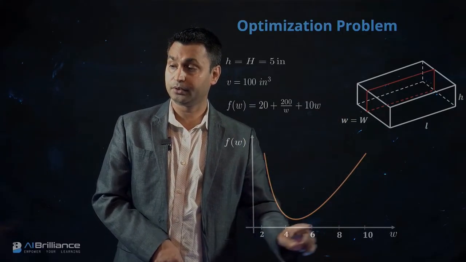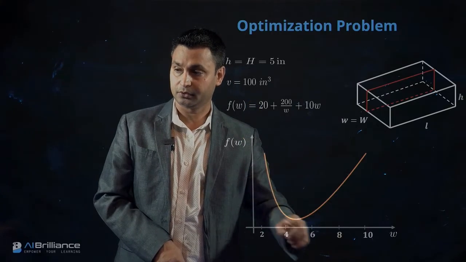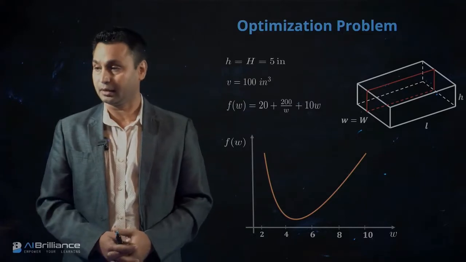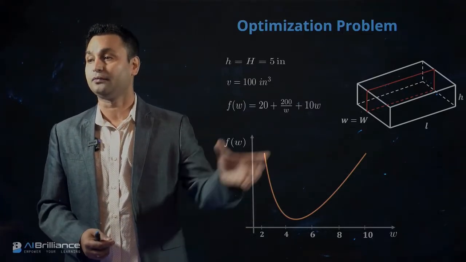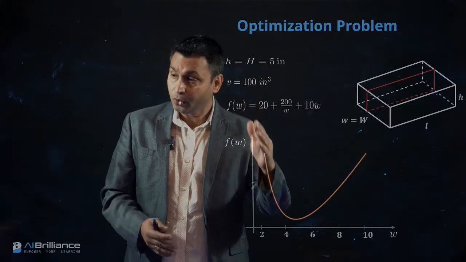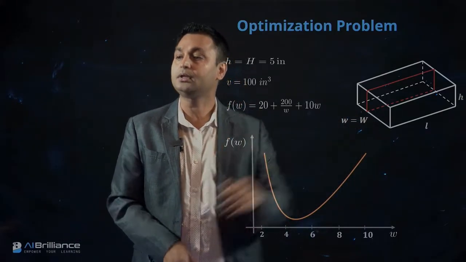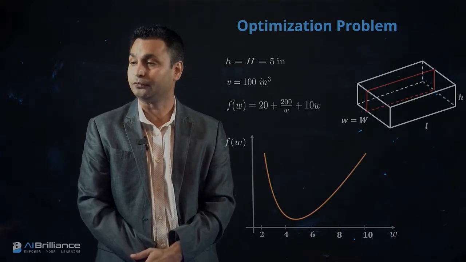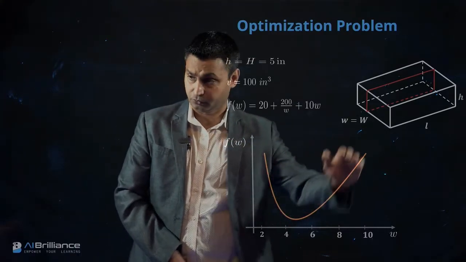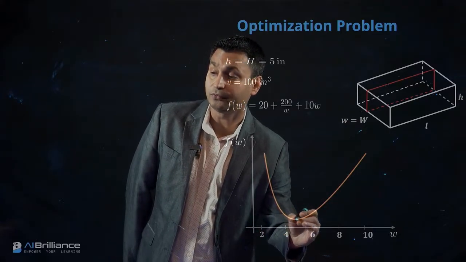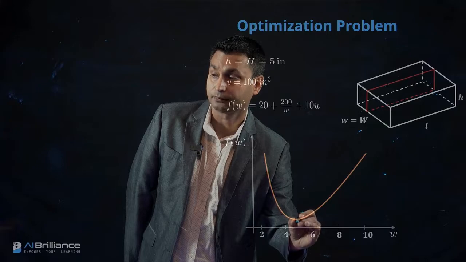As w is increasing, the nature of this function goes like this, and that's the plot that we can use. Now from the graphical plot of this function for a specific instance of the problem, we can look at the function plot, which is the orange curve here, and look at where this function has a minimum value. The location of the point where the function has a minimum value is right here.